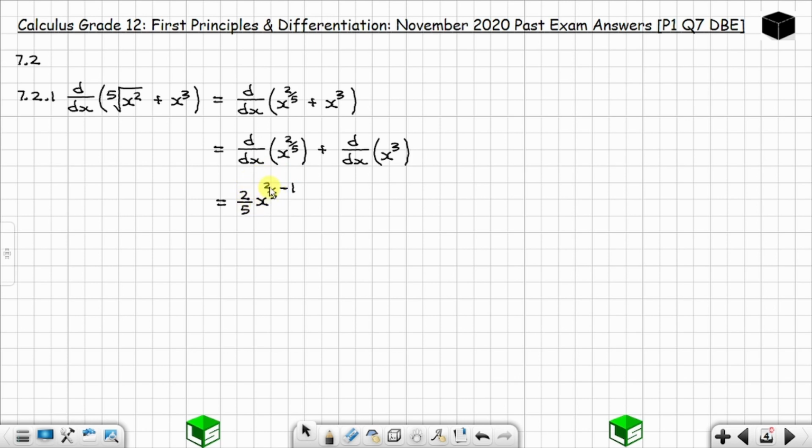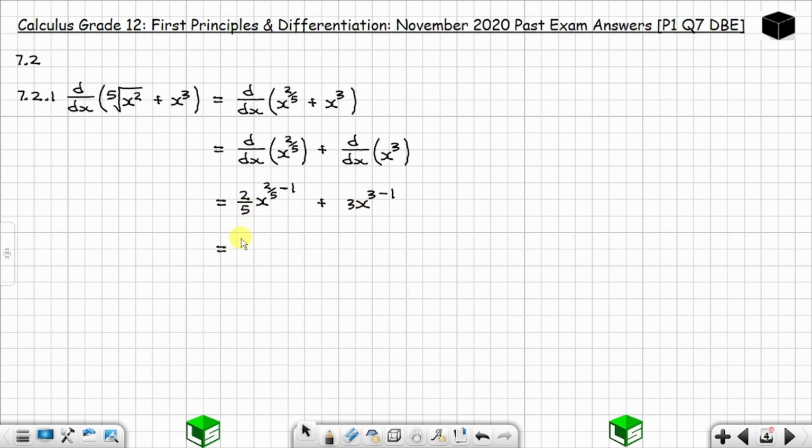This is according to the rules of differentiation. Plus now the second part, you do the same. You have the exponent, which is 3, and the coefficient is 1. There is an invisible 1 in front of x there. So it will be the exponent times the coefficient, that is 3 times 1. It will be 3, and then x to the power of, you subtract 1 from the exponent. So it will be 3 minus 1, like that. So this is according to the rules of differentiation. And you carry on.